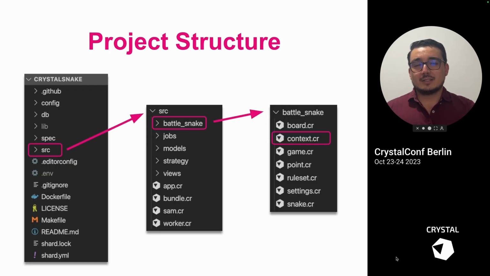Now, this context and all these classes have helper methods. When you arrive at a strategy, you rely upon these classes from the Battlesnake module to make your decisions.